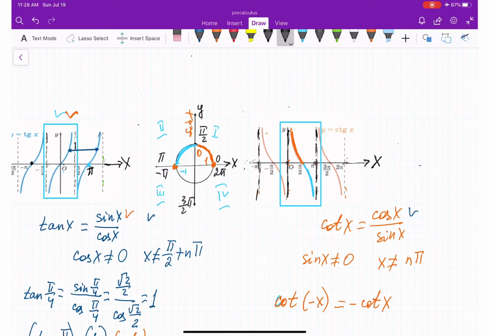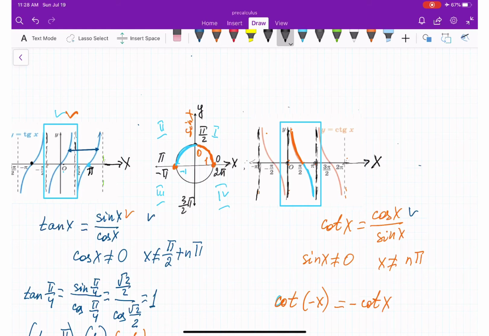Okay, so domain cannot be n times pi. Range is running from negative infinity to positive infinity, right? From negative infinity to positive infinity. There is no break in there.